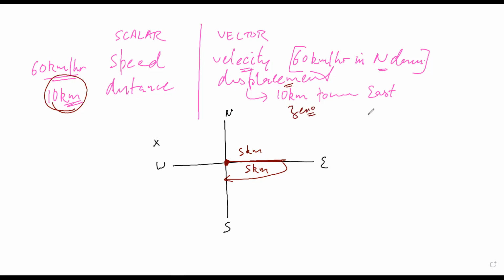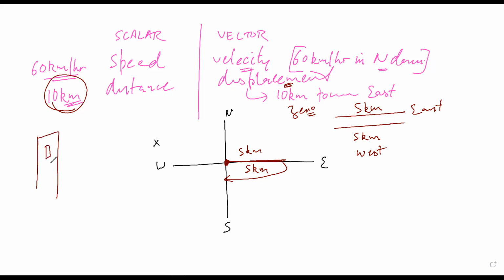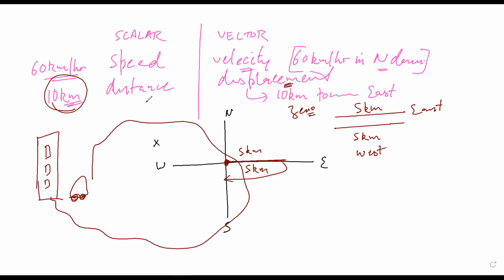Yes, sir. Because the first 5 kilometers was towards east, and the next 5 kilometers was towards west. That is why the displacement is zero, because displacement requires the direction also. Distance doesn't require the direction. For example, you take an auto from your building, you roam around for 1 hour and you come back, and then you tell the auto driver that the displacement is zero, that is why I won't pay you anything.